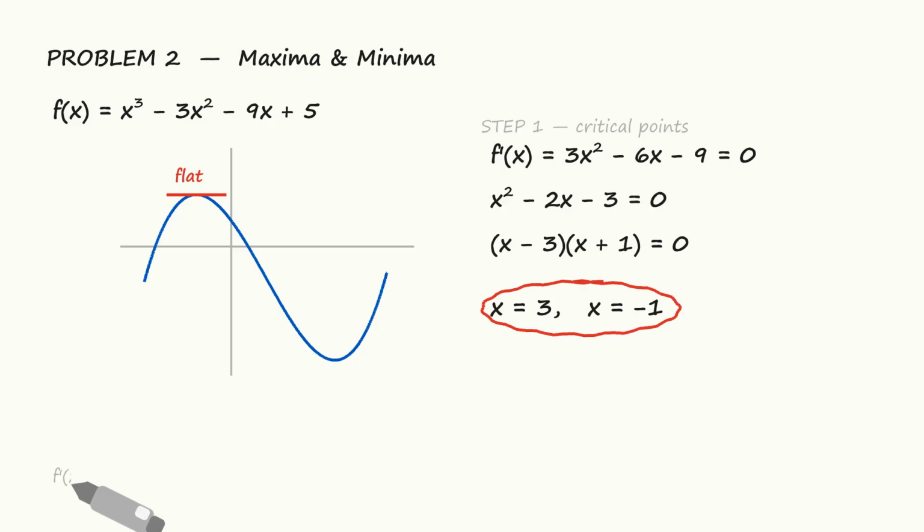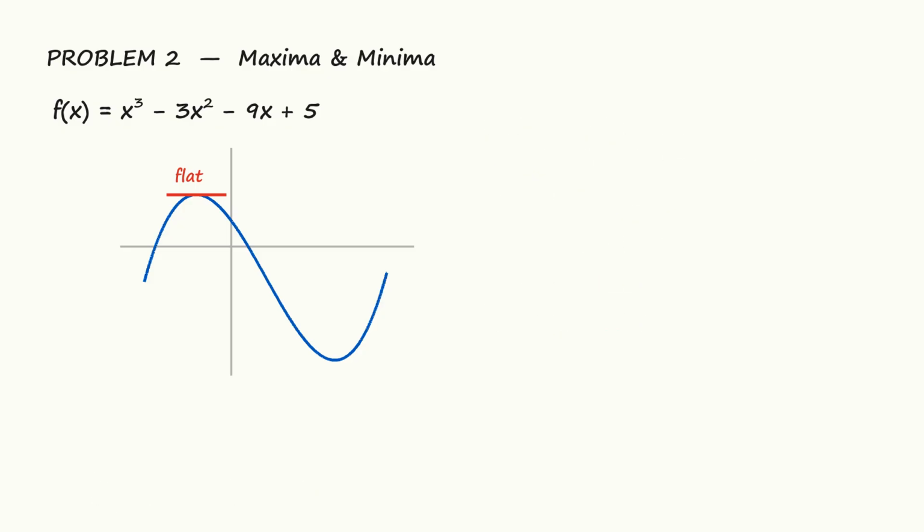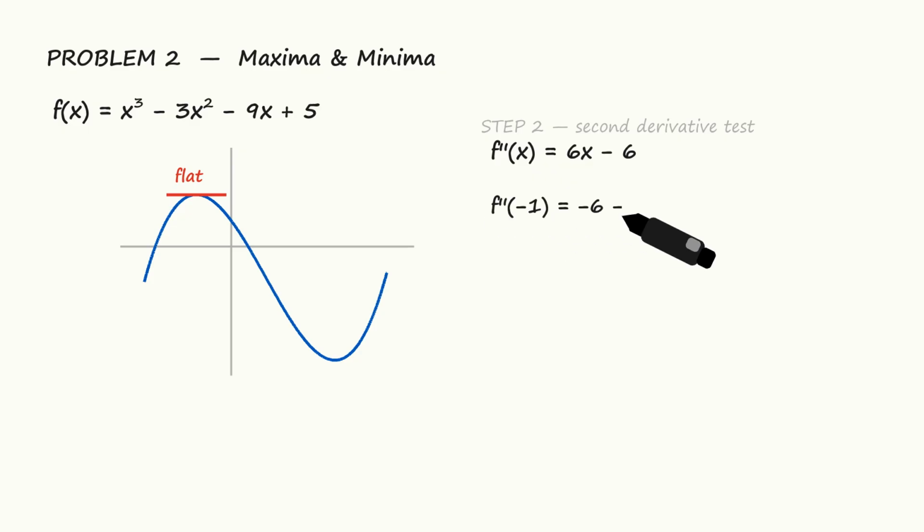Careful here. These are only candidates. A 0 slope could be a peak, a valley, or a flat shoulder that is neither. We must test them. Step 2. The second derivative test. F double prime of x equals 6x minus 6.